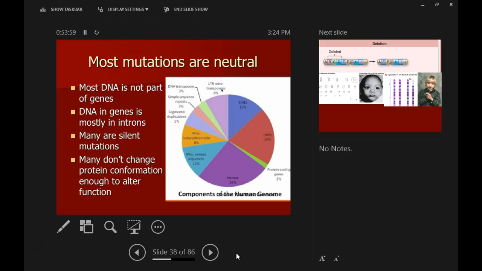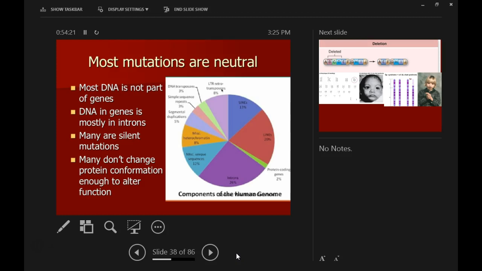Okay, now we're going to talk a little bit about another level of mutations. We've been talking about point mutations that just affect a few bases. Now we're going to look at mutations that affect large regions of a chromosome, and these are called chromosomal mutations. And we use some different terminology for them.